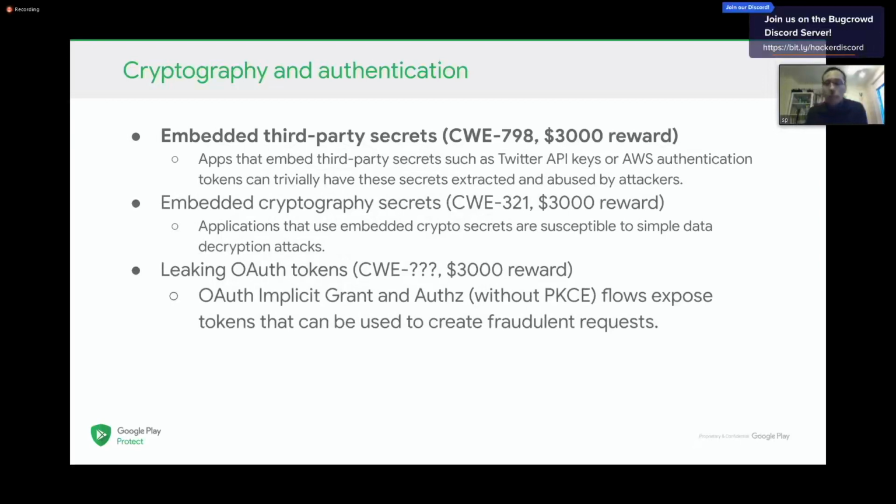There's also embedded cryptography secrets. A very common one, I'm not sure if it's still happening, but it used to happen a lot, is that I think WhatsApp stored encrypted chat histories on the SD card when you made a backup. And apparently at one point they used the same key for every single user. So that key was obviously easily leaked because it's embedded in the application.